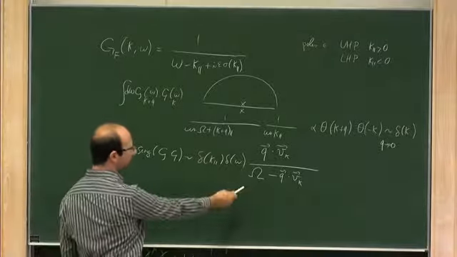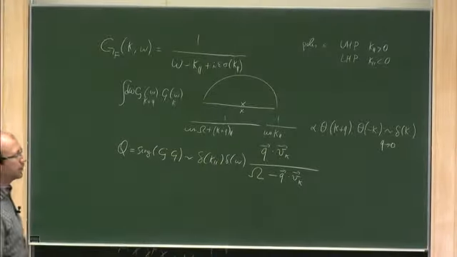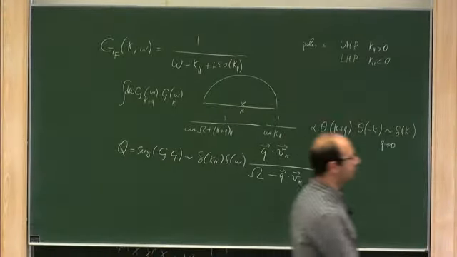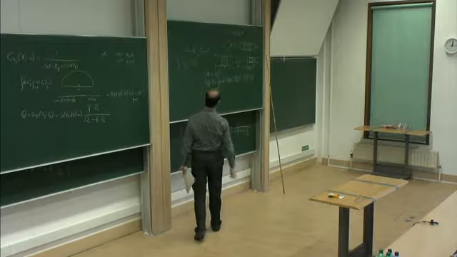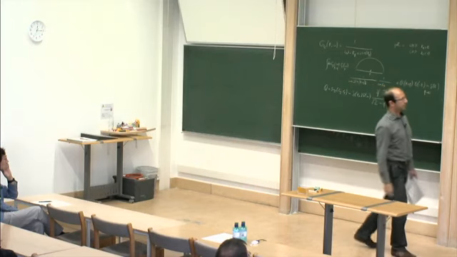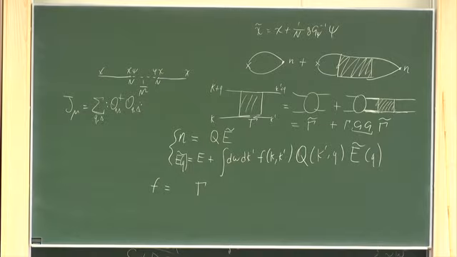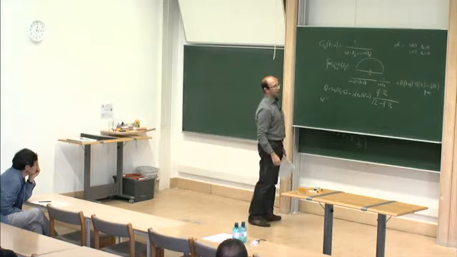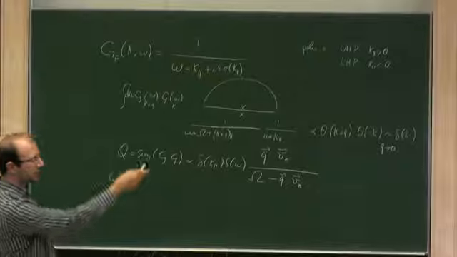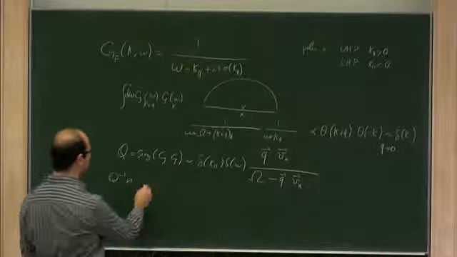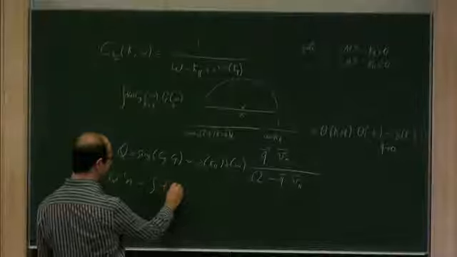And from this form you can then plug it in the equation for the fluctuations. In this equation, if you set E equal to 0, because you want a mode which is self-sustained, a normal mode, so that it exists without any external perturbation, then basically you can rewrite the second equation as something like q minus 1 n, because n is q E tilde, so E tilde is q minus 1 n, equal to integral of f times n.